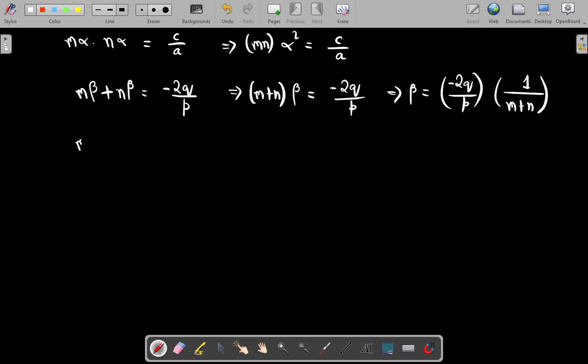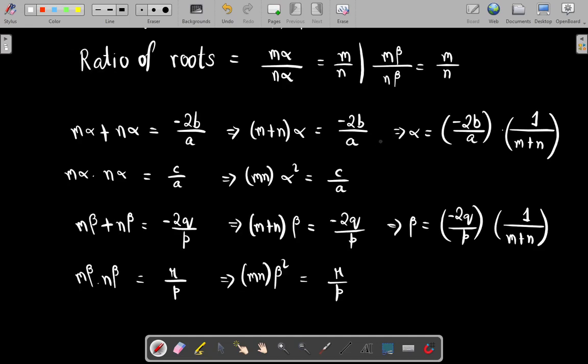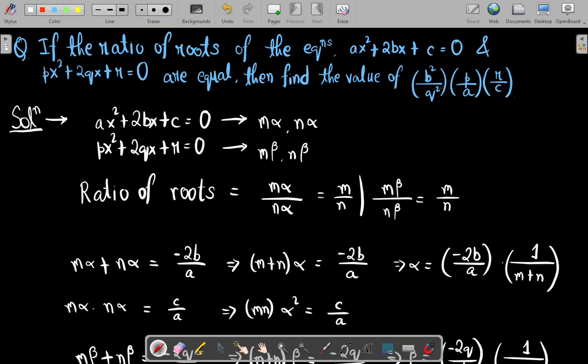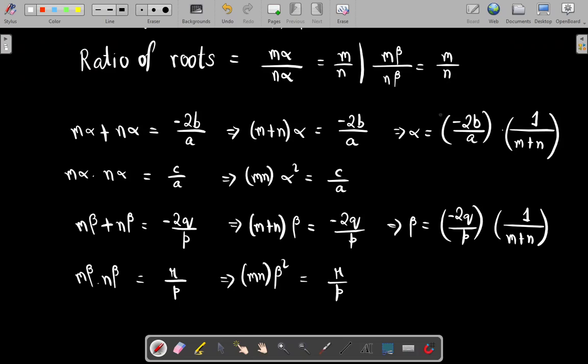Similarly, the product of roots for the second equation will be mβ times nβ equal to the constant term upon the leading coefficient, which is r upon p, which means mn times β² will be equal to r upon p. So we have to find the value of b²/q² times p/a times r/c. Let us find the condition that can be derived from the ratio of roots being equal.